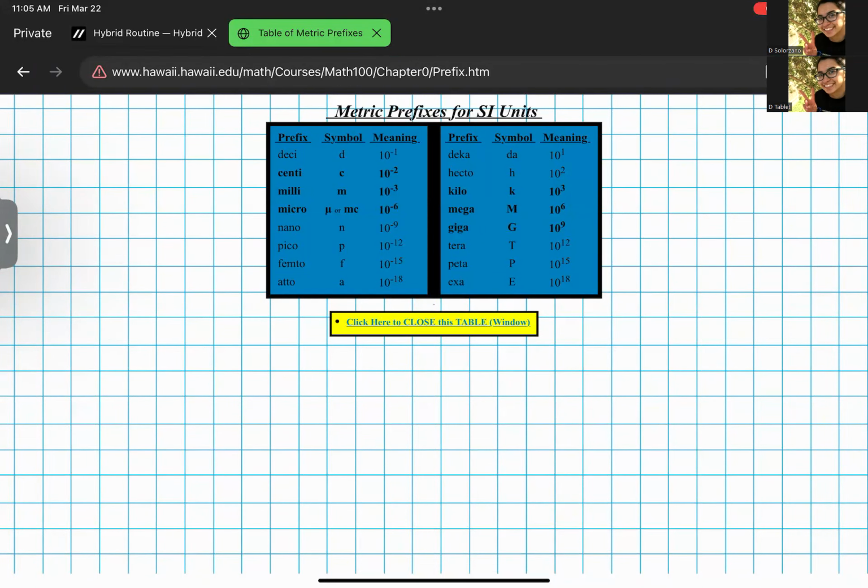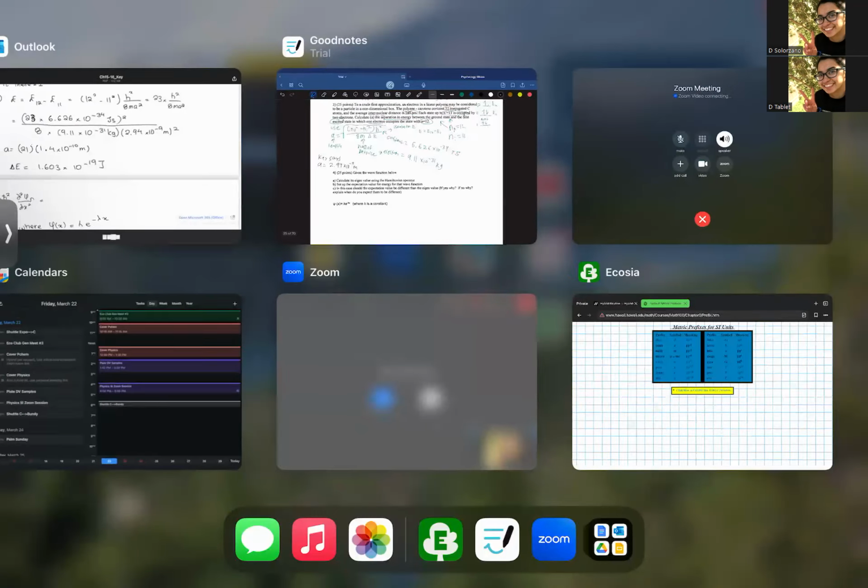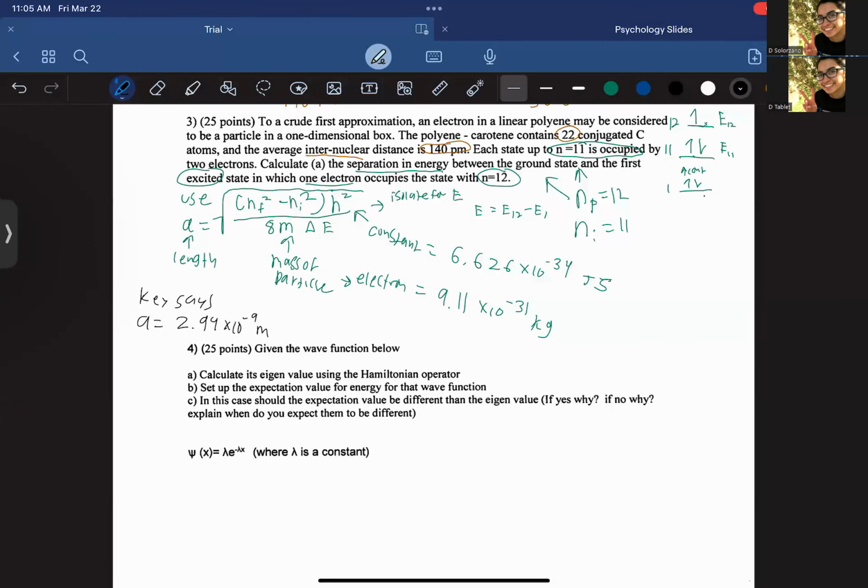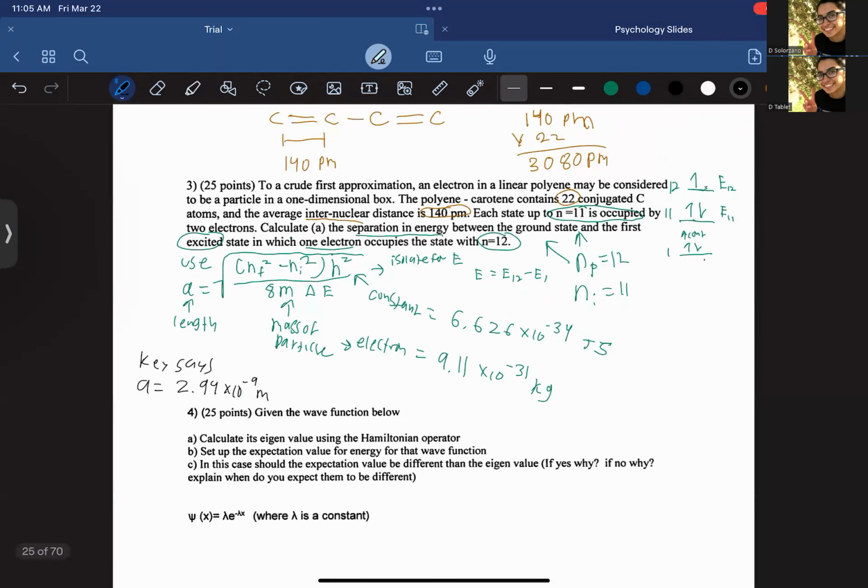Pico is 10 to the negative 12. How did you get negative 9 from there?